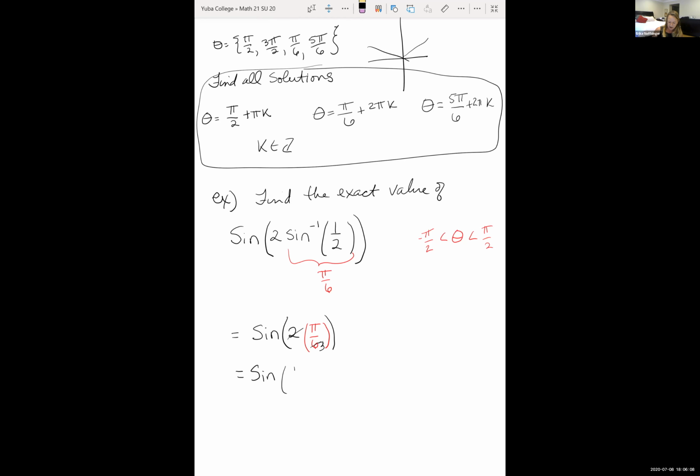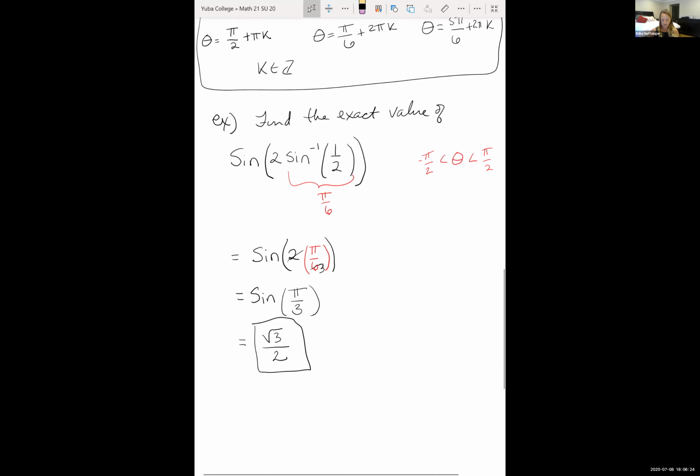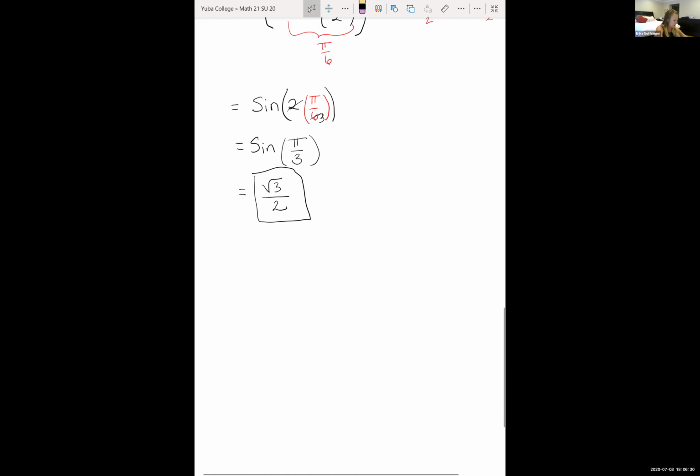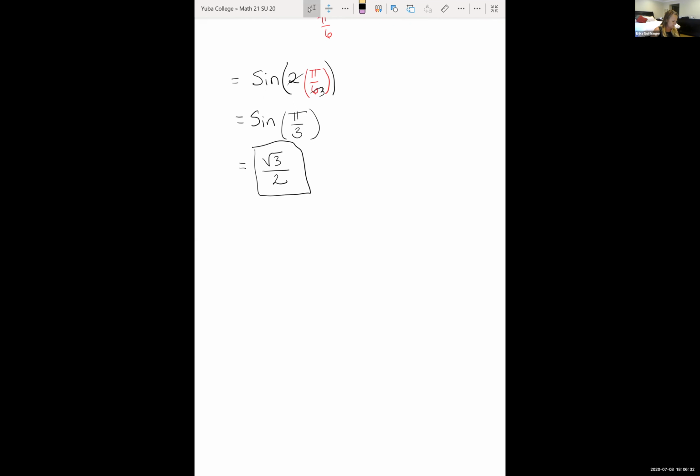So sine of pi thirds, sine of 60 degrees, is root 3 over 2. Okay, so half angle, let me just do it real quick.